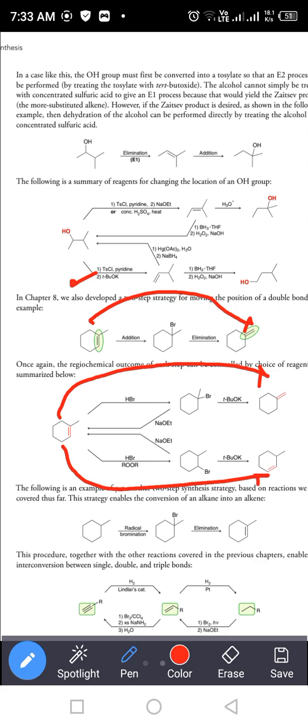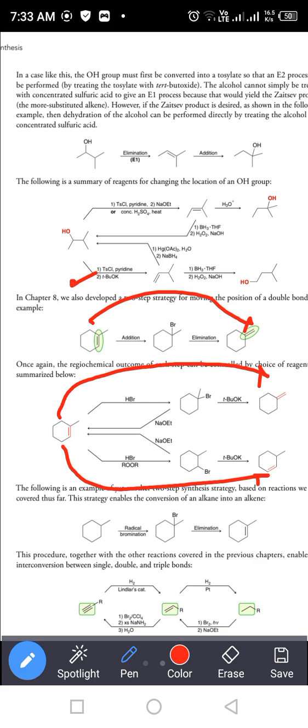So in both design strategies, the position of the double bond is changed. The double bond was present inside the ring and is now outside the ring. Or the double bond was present at the substituted side and is now on the unsubstituted side, but still within the ring. So whatever conditions are required to bring out the target molecules, we have to design the strategy.